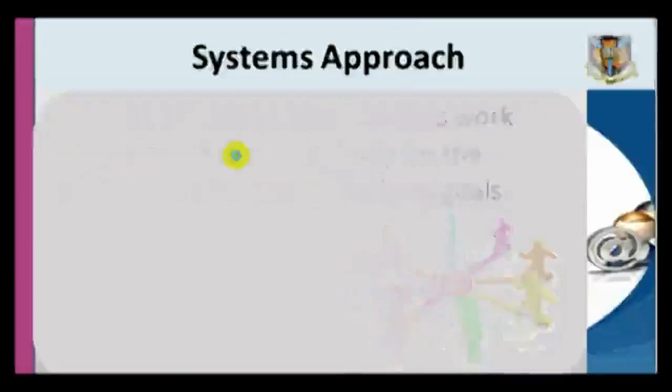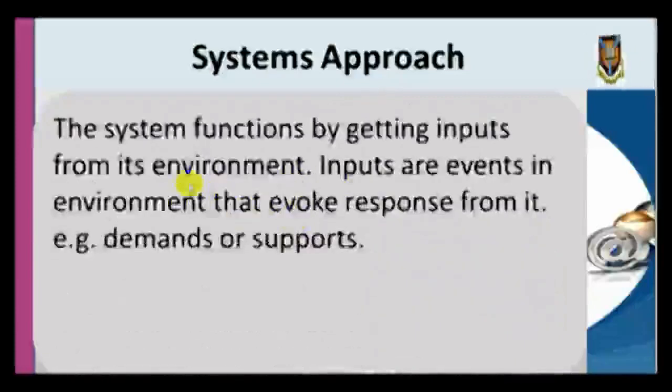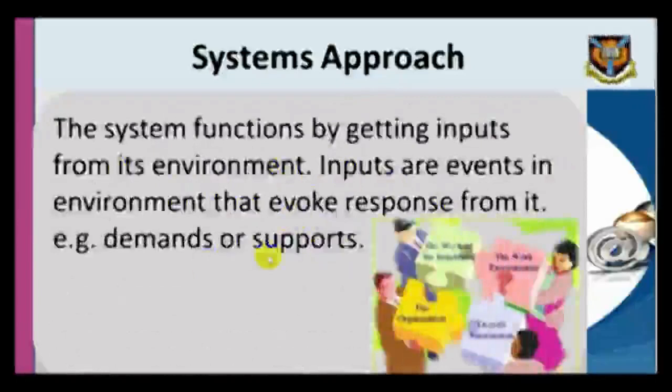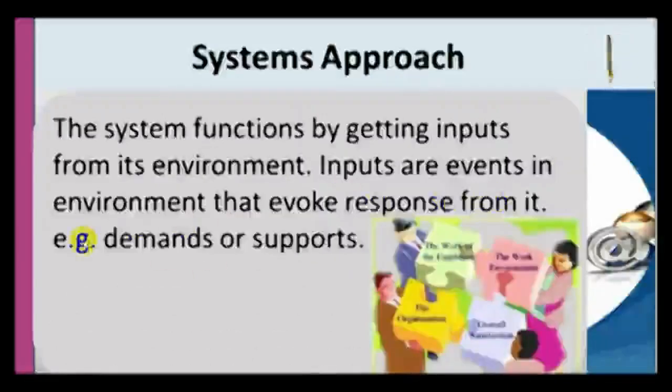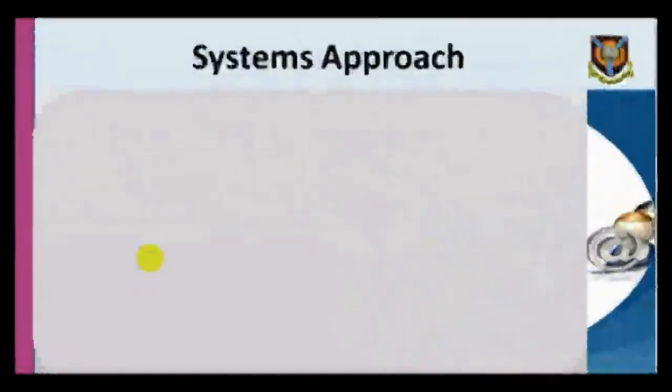The system functions by getting inputs from its environment. Inputs are events in the environment that evoke response from it. The inputs could be in form of demands or supports, that is, expressions of approval from particular decisions.